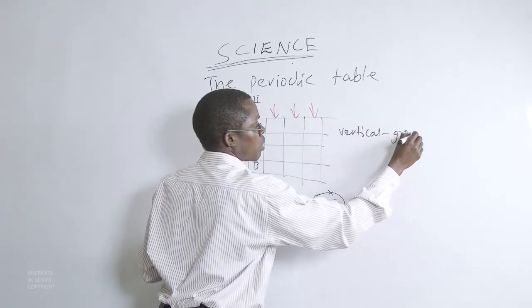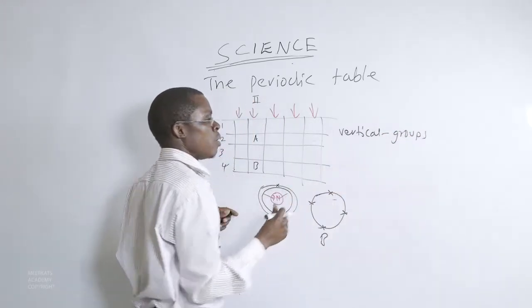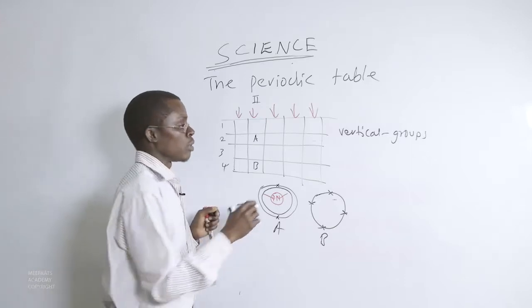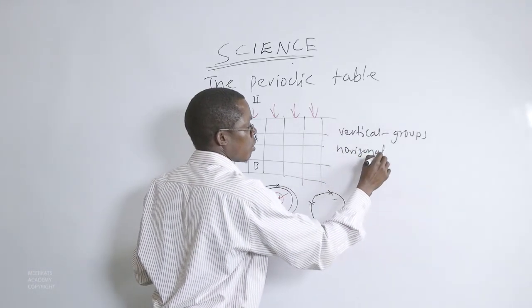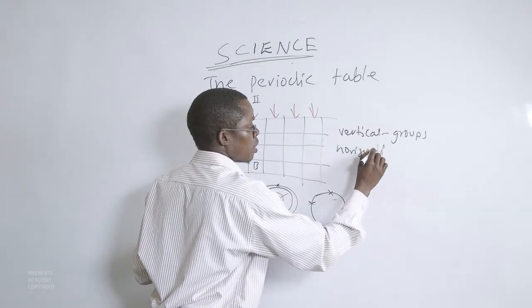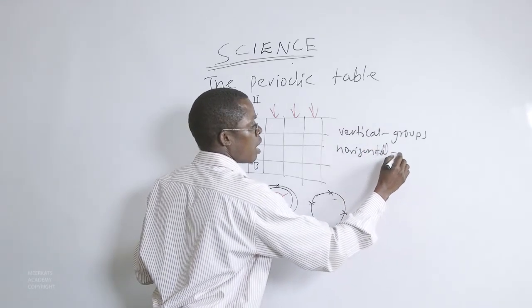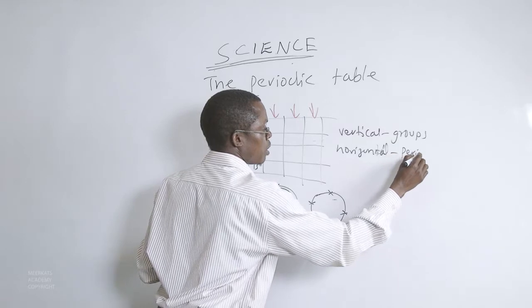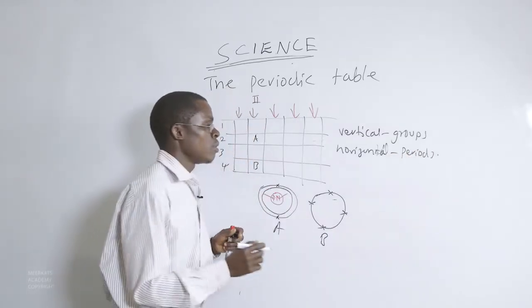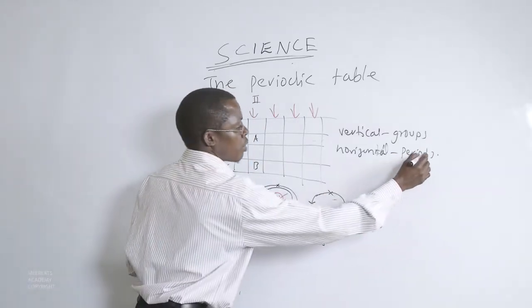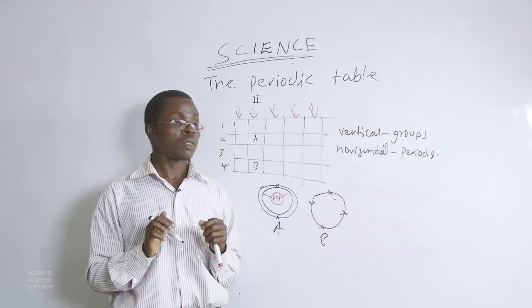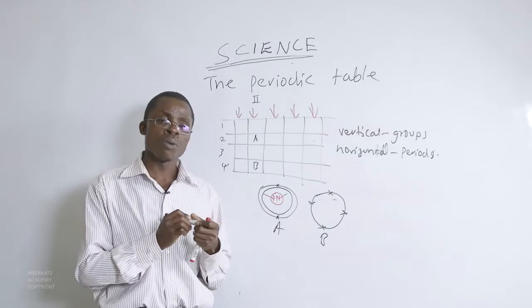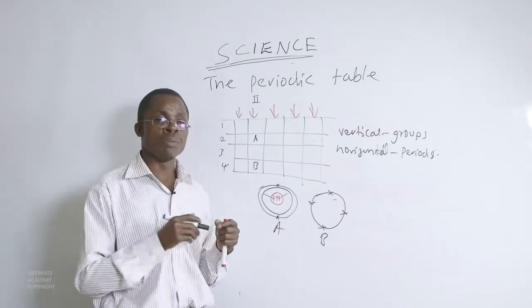Then we also have horizontal. Horizontal are periods. Only the 2. We either talk about a group or we talk about periods.